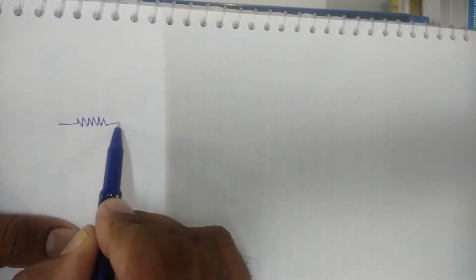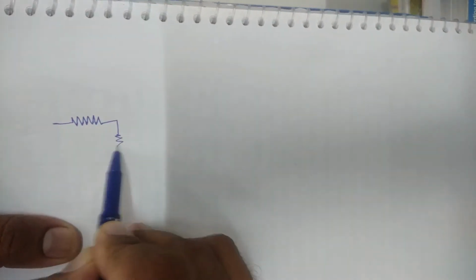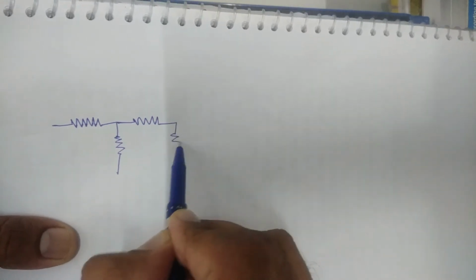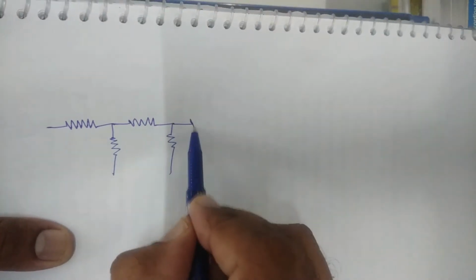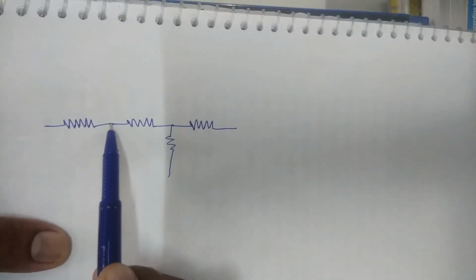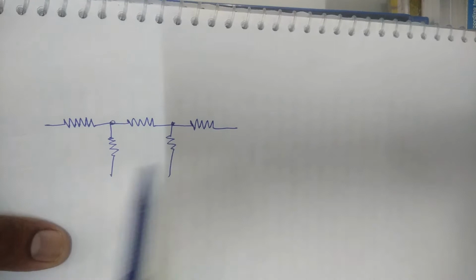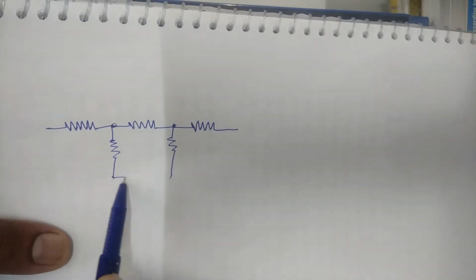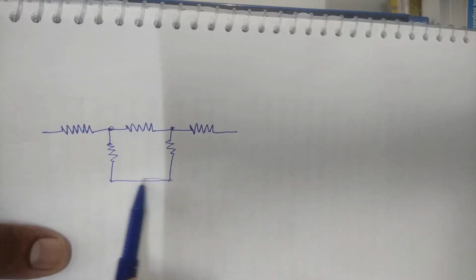Now whatever connection we have made on the breadboard, I am drawing it over here. We have connected this resistor, this resistor, this resistor, and this resistor. We have connected our resistors in this fashion. Even though I have connected in this manner, this is automatically connected. Why?